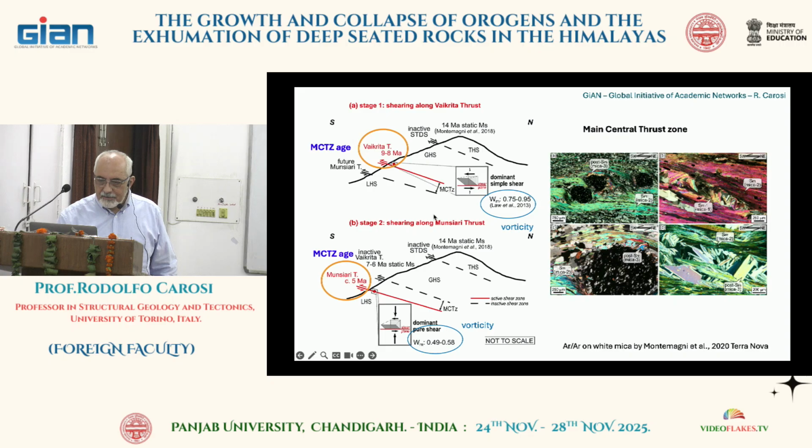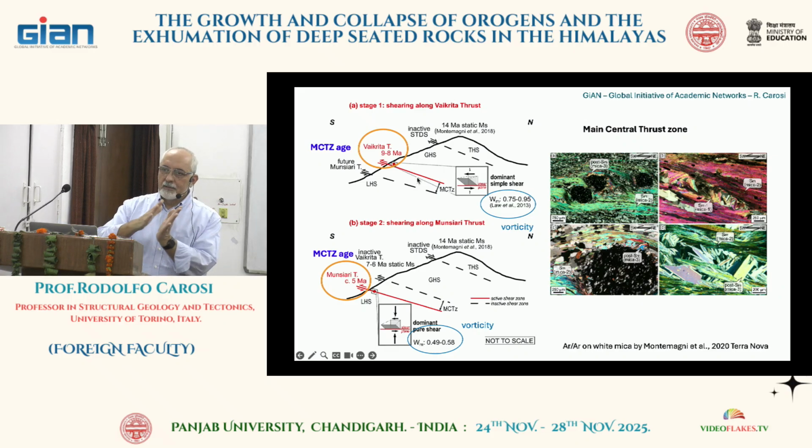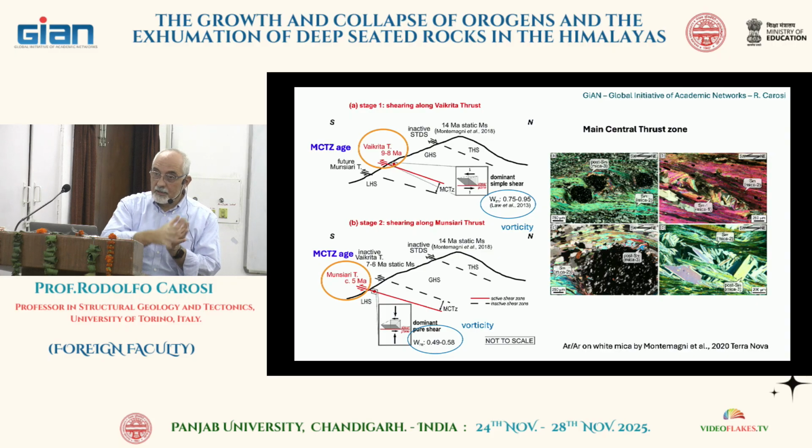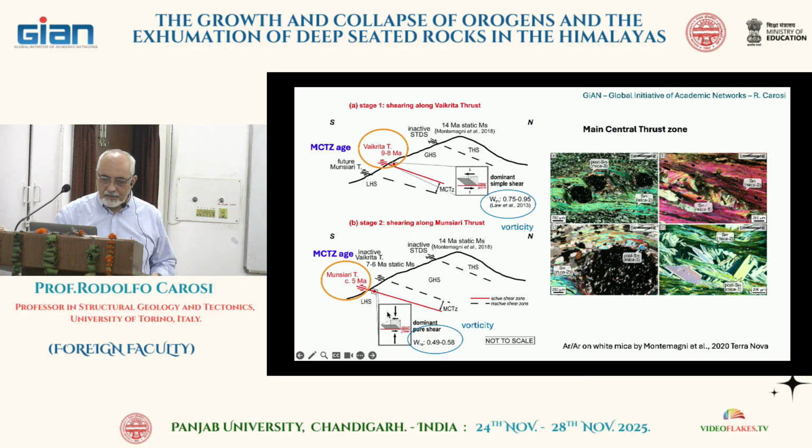We can explain this because you are adding a lot of rocks above the Munsiari Thrust, so the lithostatic load increases, and so increases the amount of pure shear in the lower part. So younger and with a lot of load.